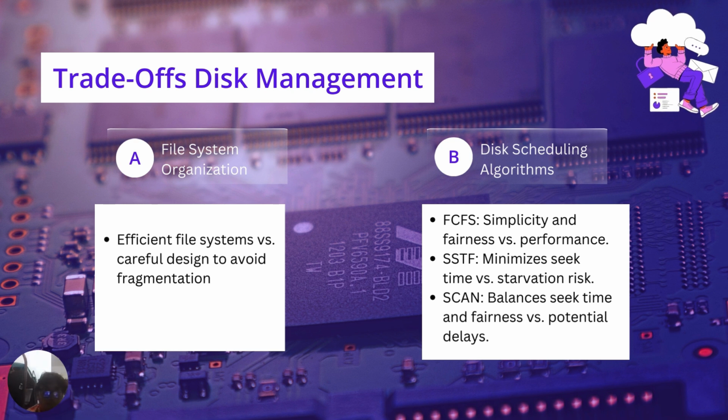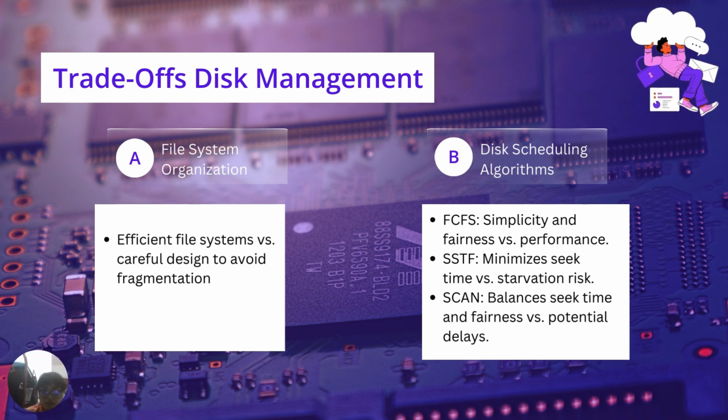Next, we go to the trade-offs for I/O management. Firstly, I will explain to you about file system organization. Efficient file system organization improves performance and data management, but requires careful design to avoid fragmentation and access issues.